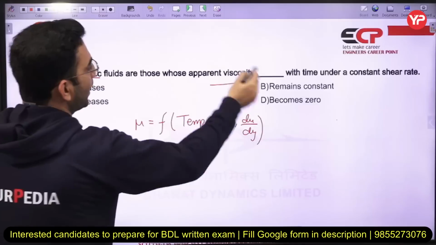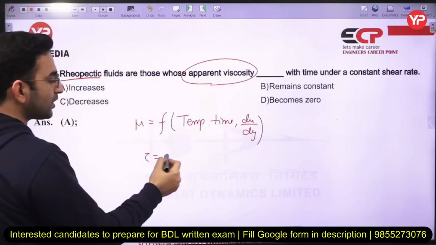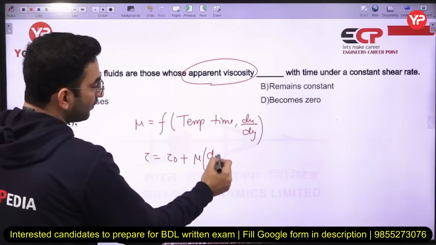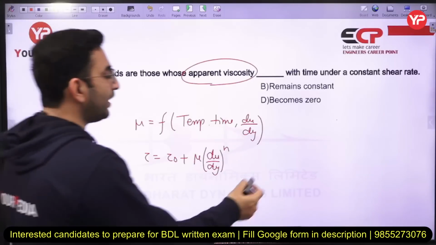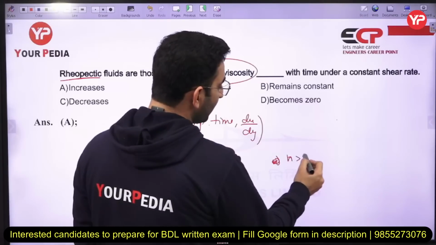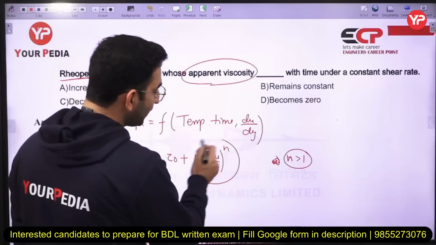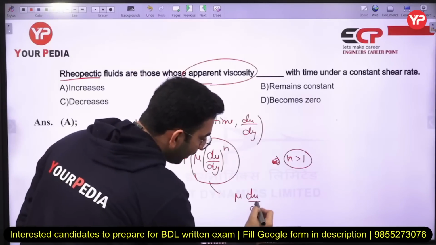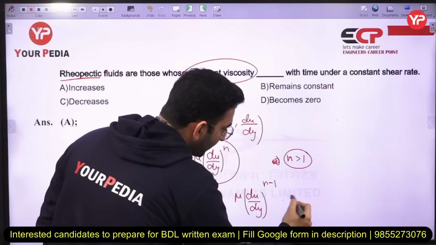So now what is the meaning of apparent viscosity here? In the case of a rheopectic fluid, the Newton law of viscosity can be written as tau naught plus mu (du by dy) to the power n, where the value of n is greater than 1. If you rewrite this expression, I can rewrite it as mu (du by dy) to the power n minus 1, multiplied by du by dy.